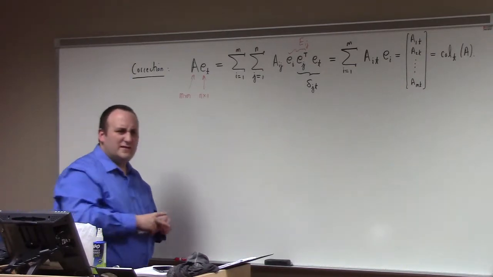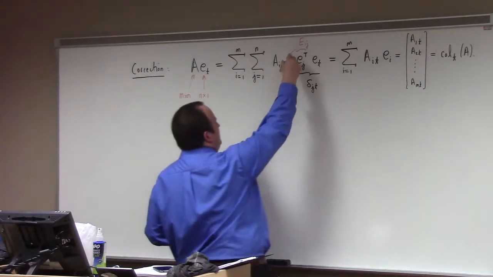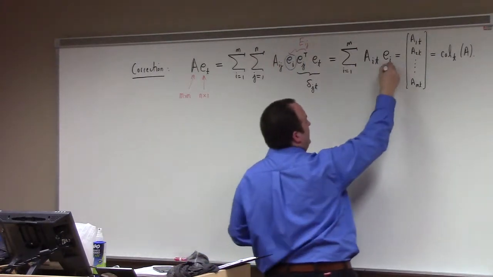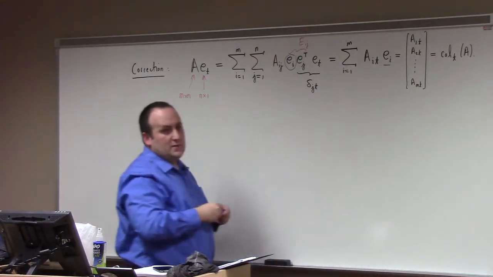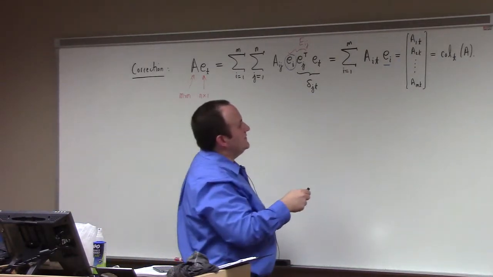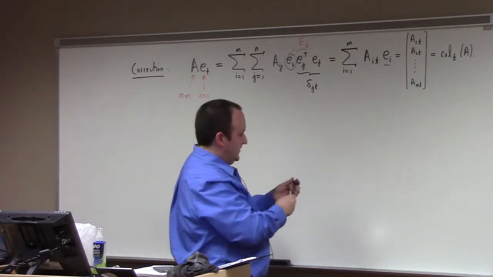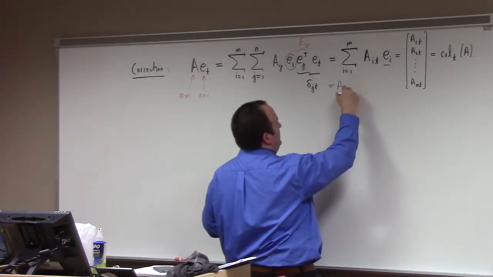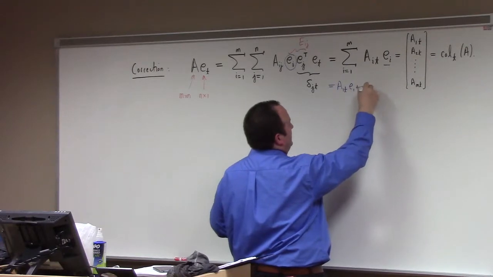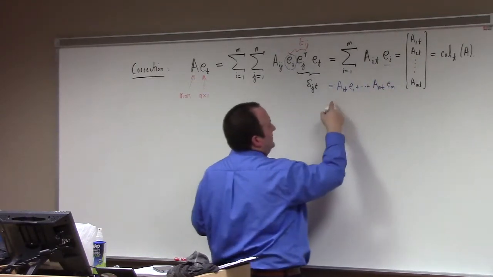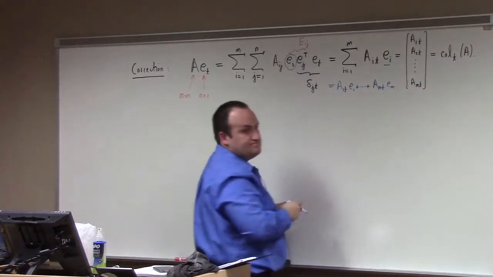I somehow got it in my head that that should be switched to an E sub t, which is just nonsense. It just survives, it rides along, here it is. And that's good because that's what we need. Because if you look at this, this is the sum, what is this? This is A1t E1 plus through plus Amt Em, which is exactly that over there.